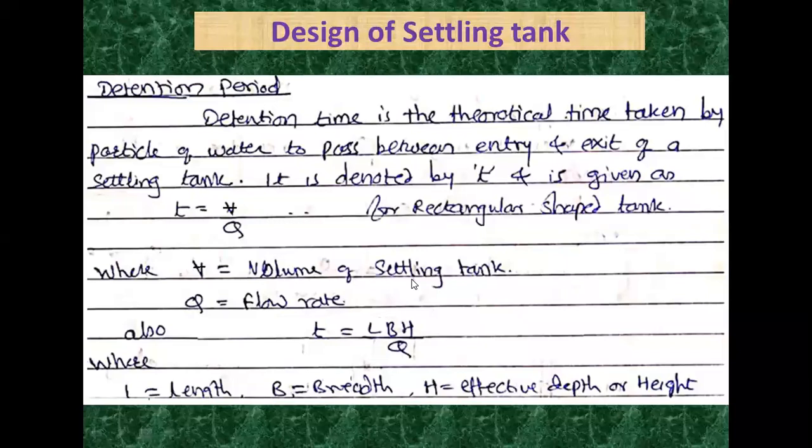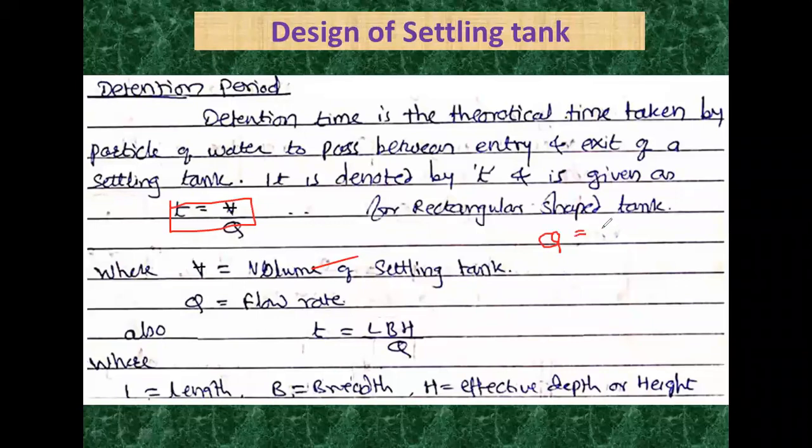Okay, so that time is called the detention time or detention period. And for the rectangular shaped tank, the detention time can be obtained by using this formula. This is the formula. Time t is equal to volume upon discharge, right?